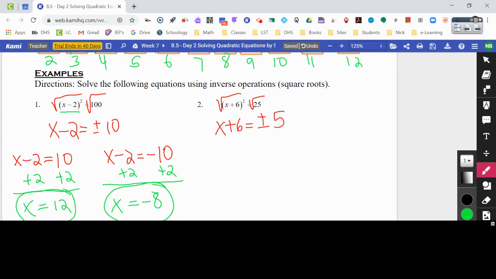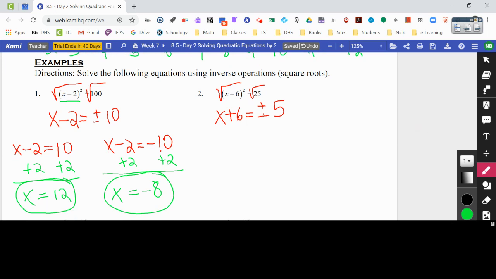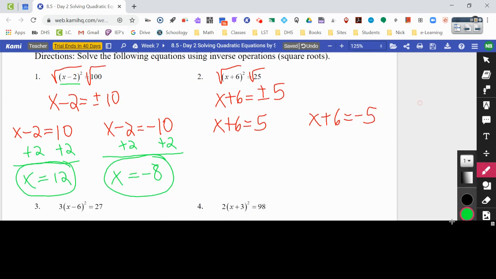All right, so now I'm ready to branch off and make my two equations. All right, so now I can say that x plus 6 is equal to positive 5, or x plus 6 is equal to negative 5. All right, and now I'm ready to solve both of these the same way, right, by subtracting 6 to both sides here.